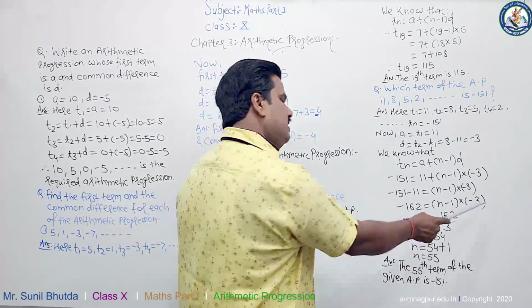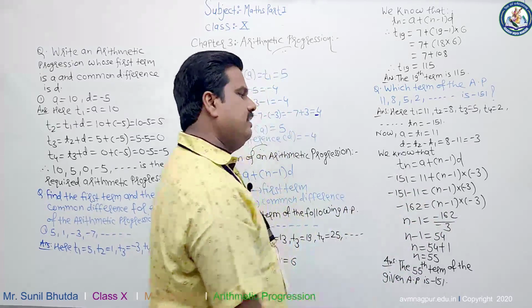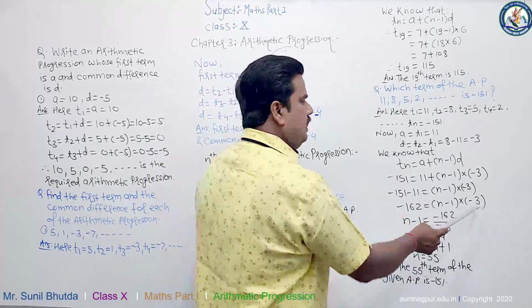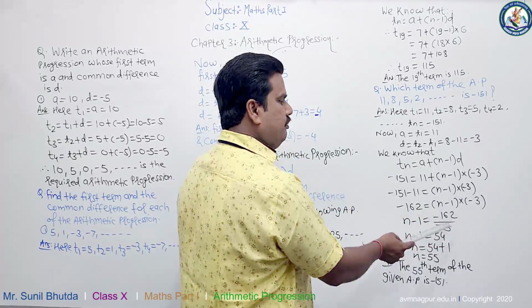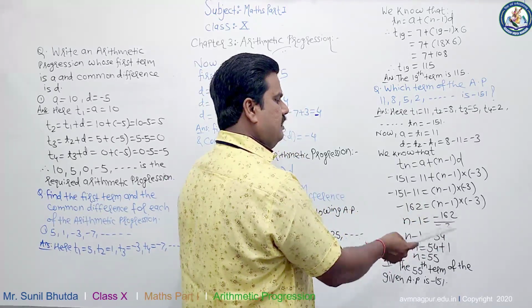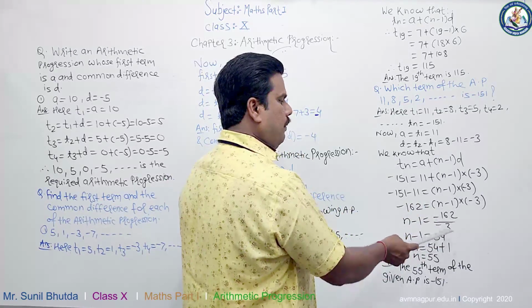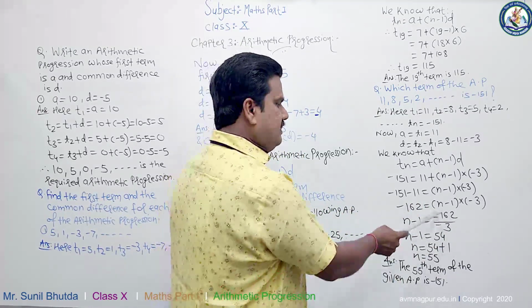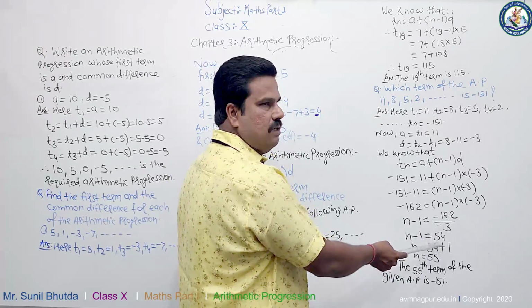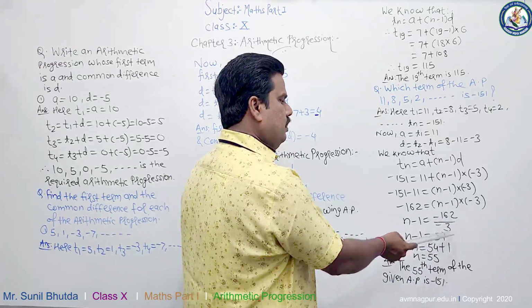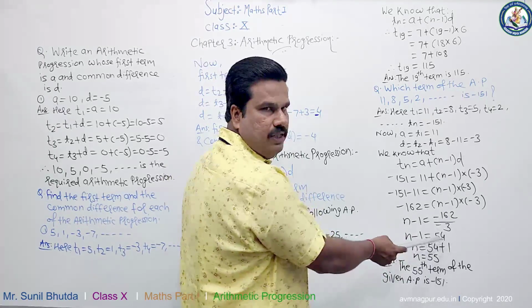Now transfer this minus 3 to the left hand side. It is multiplied by minus 3, and when we transfer it to the left hand side it will become divided by minus 3. Minus 162 upon minus 3, minus upon minus. Division of two same signs is always positive, and 162 upon 3 gives 54.